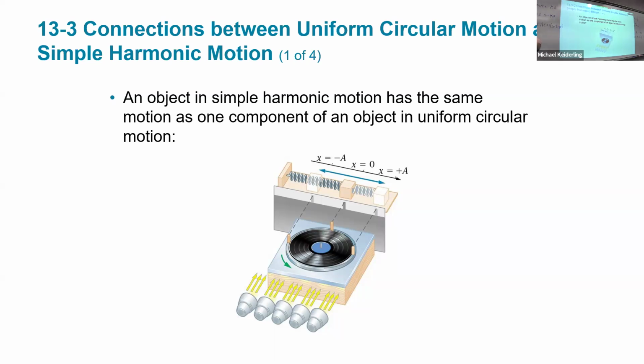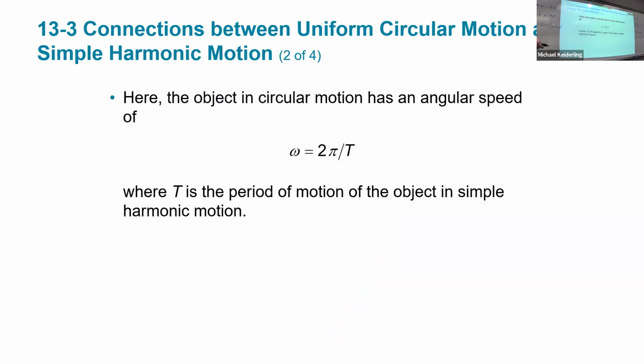So there's a connection between circular motion and simple harmonic motion, and because of that we can define omega. Omega is 2 pi over the period, or also 2 pi times the frequency.